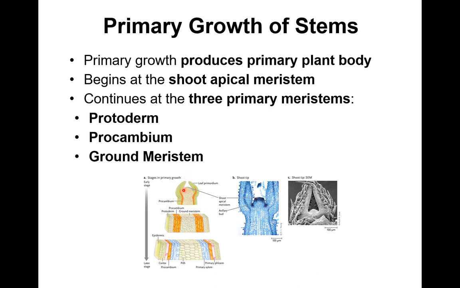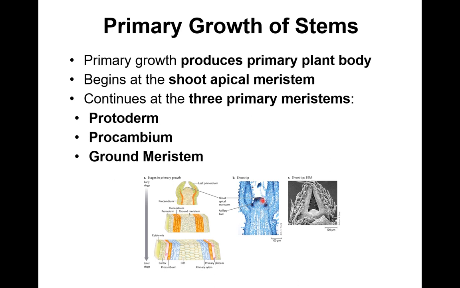Now, the tissue that is left behind, as the meristem moves this way, would first differentiate into 3 meristems. These are still undifferentiated cells, which, however, are already going towards creating a certain type of tissue. You have protoderm, procambium, and ground meristem that are left behind.